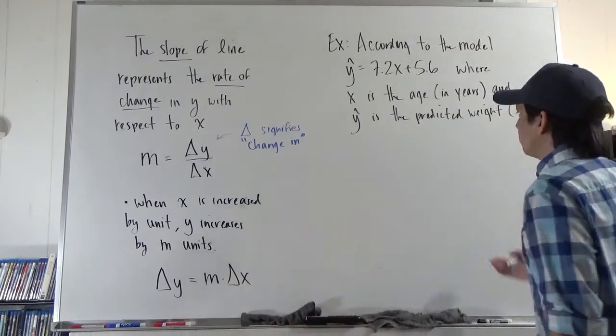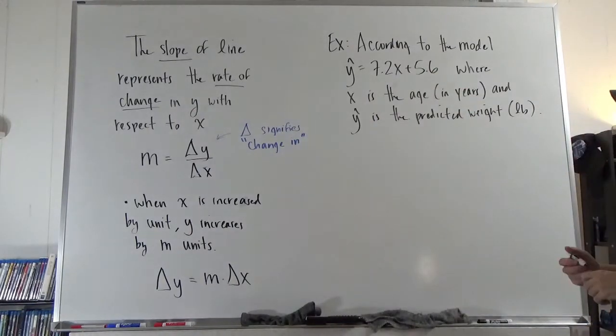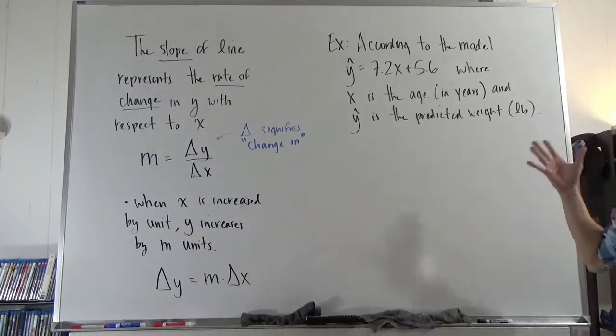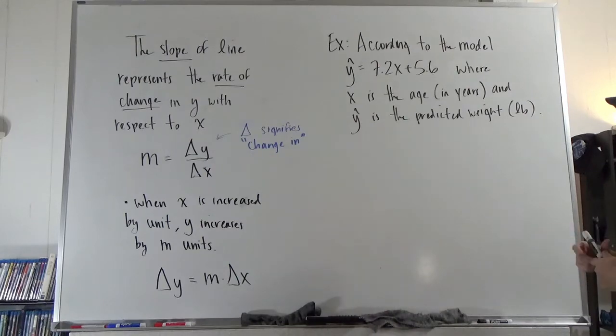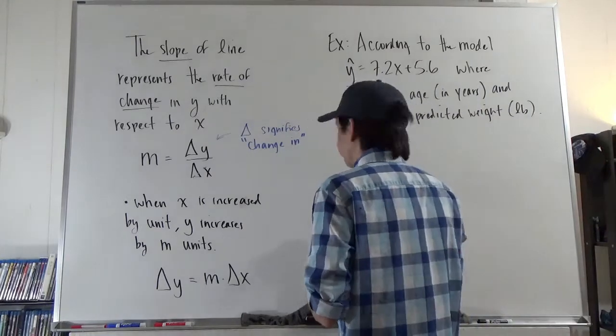According to the model we've been working with, y hat is equal to 7.2x plus 5.6, where x is the age in years. I just want to remind you of the context since I erased it. And y hat is the predicted weight in pounds.